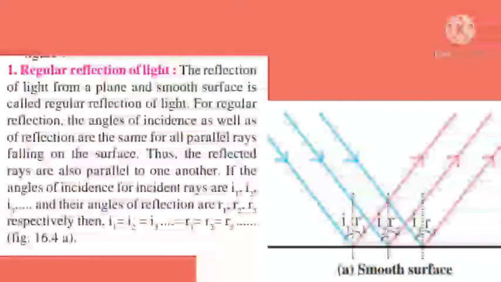If the angles of incidence for the incident rays are I1, I2, I3 and their angles of reflection are R1, R2, R3 respectively, then I1 = I2 = I3 = R1 = R2 = R3. Here, all the angles of incidence are equal to the angles of reflection.